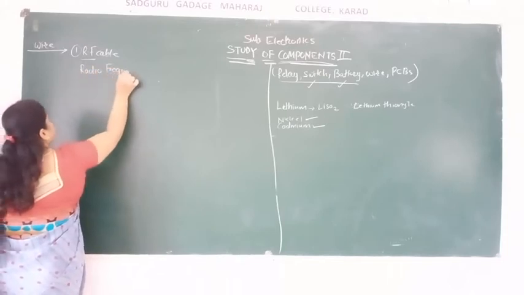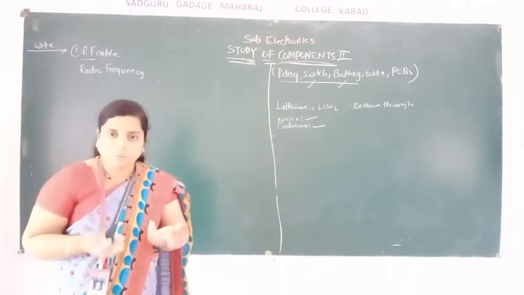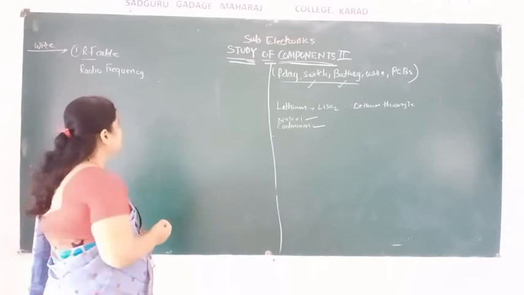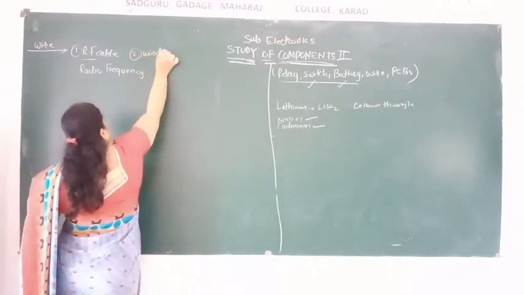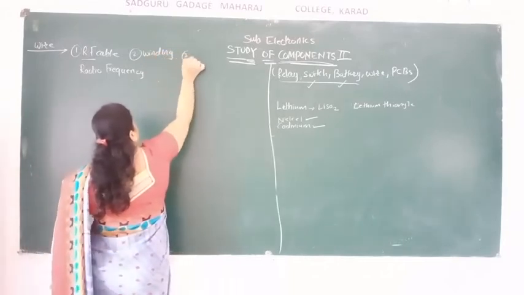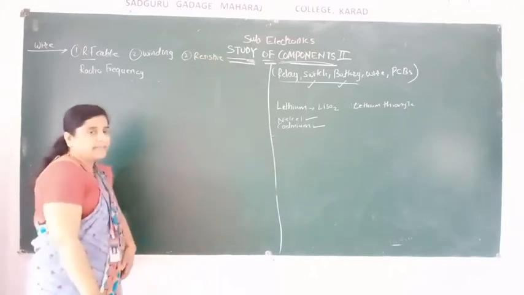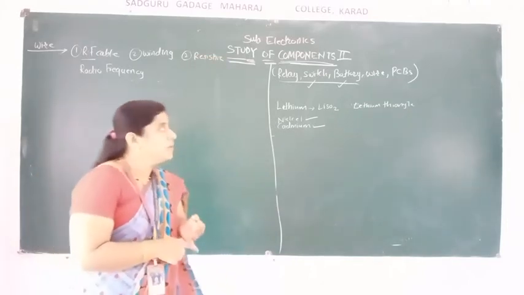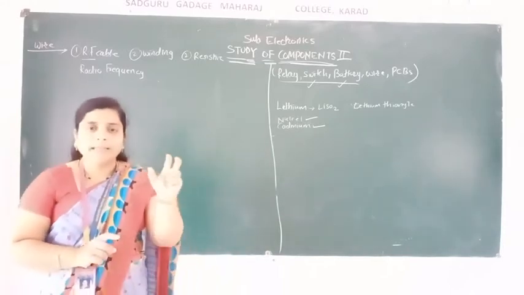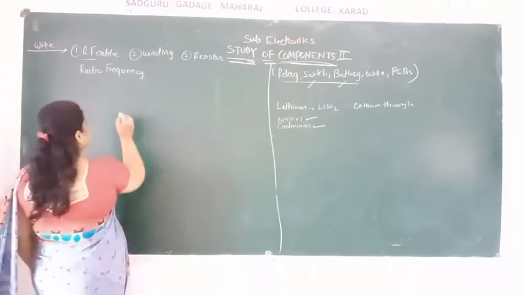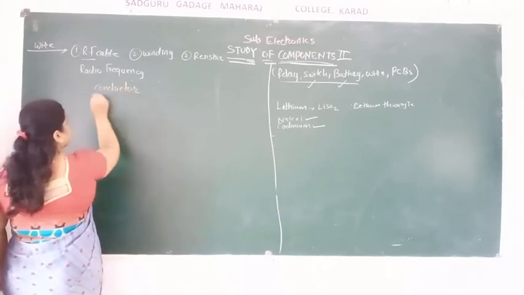It may be a radio frequency cable, or a winding wire, or a resistance wire. So wires are mainly of three types: radio frequency cable, winding wire, or resistance wire. Mainly a wire contains a conductor.